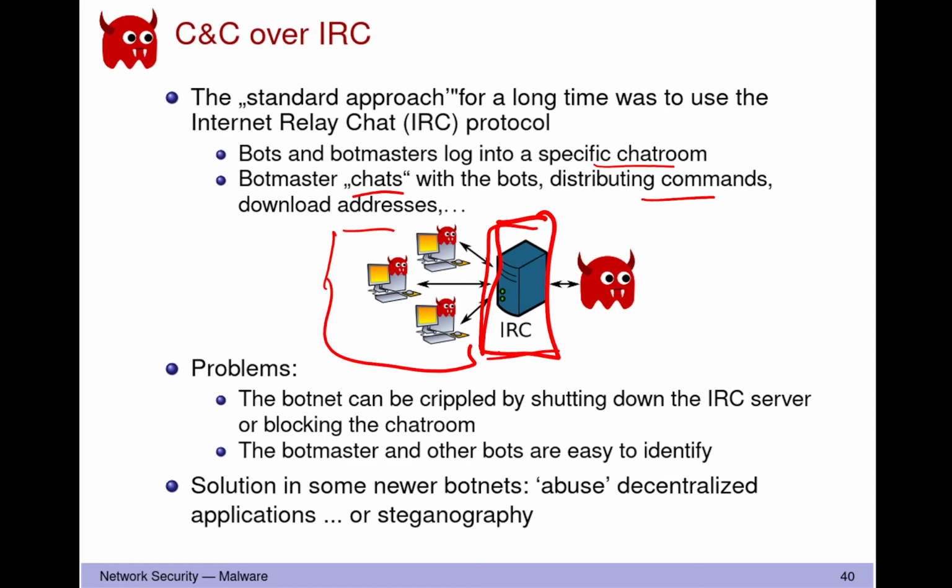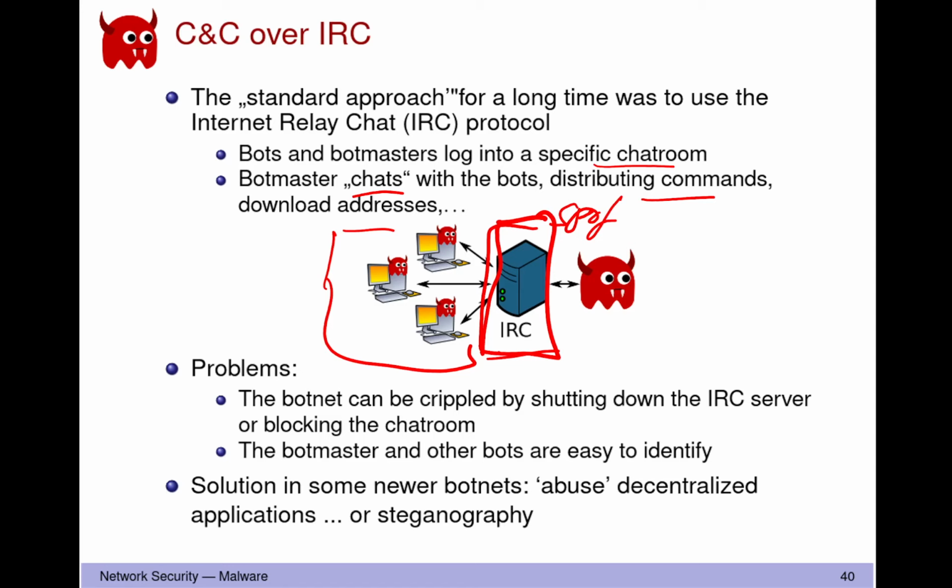And then the connection between botmaster and the bots is lost. So basically that would not be beneficial for the botmaster. So the botmaster needs to have some more redundancy, some other approach which does not contain a single point of failure. So this is a single point of failure. One single point goes offline, then the whole system breaks.